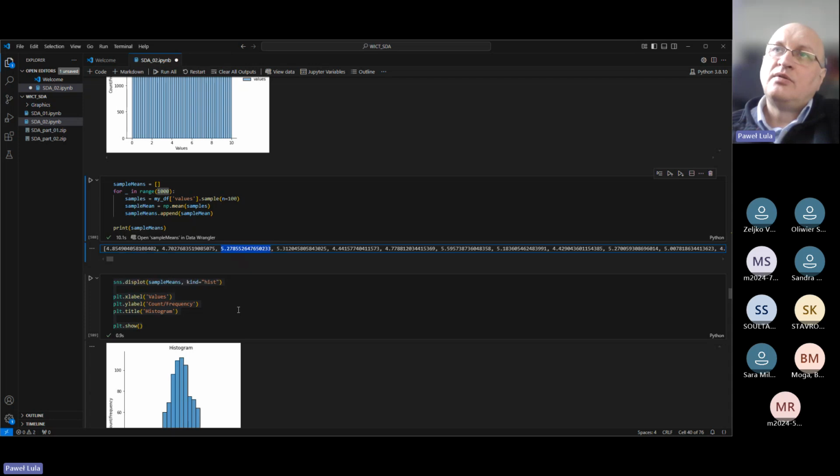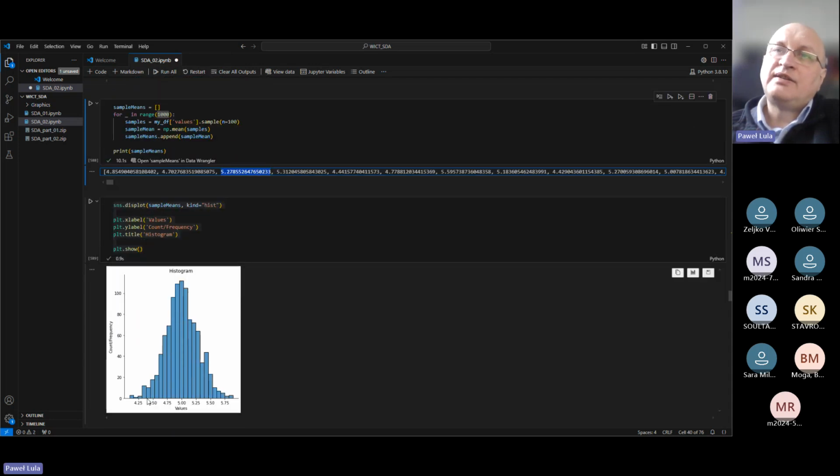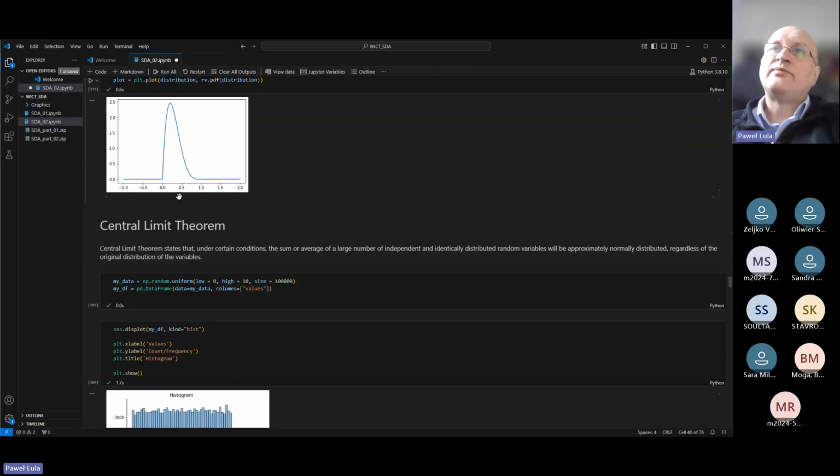And I have these average values, these mean values. And now I presented a distribution of these mean values, average values. And we see that it is not a uniform distribution. It is a normal distribution. And now I think that this theorem is clear.